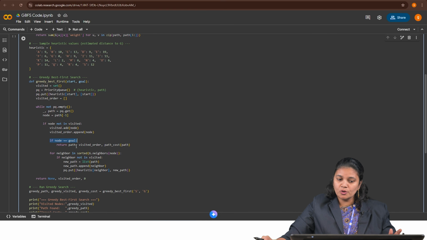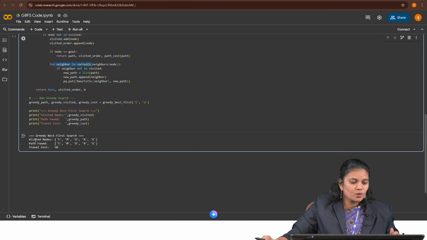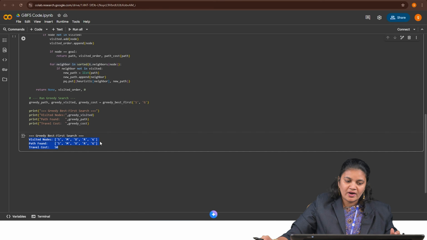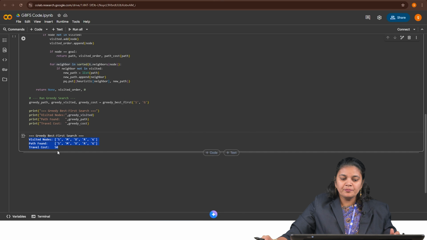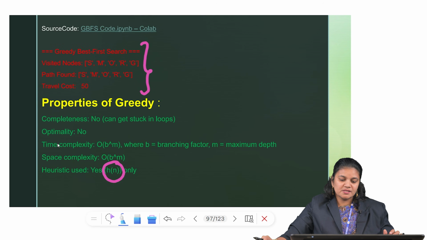If it is not the goal node, its neighbors have to be added one by one into the path. So when we finally get the result, we can see that the visited nodes are 5 nodes, the same as the path, and the travel cost is 50. So this is what we are getting for greedy best first search.